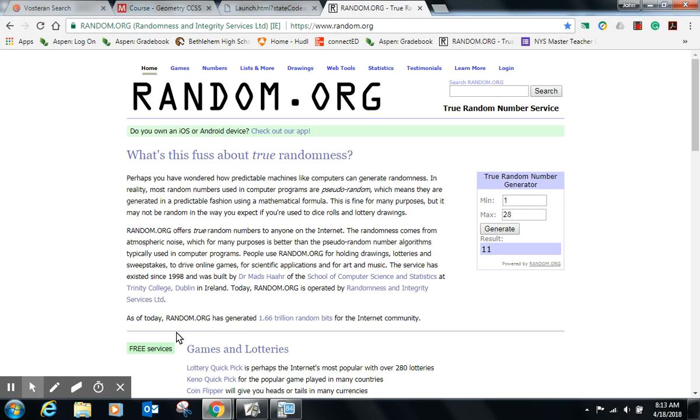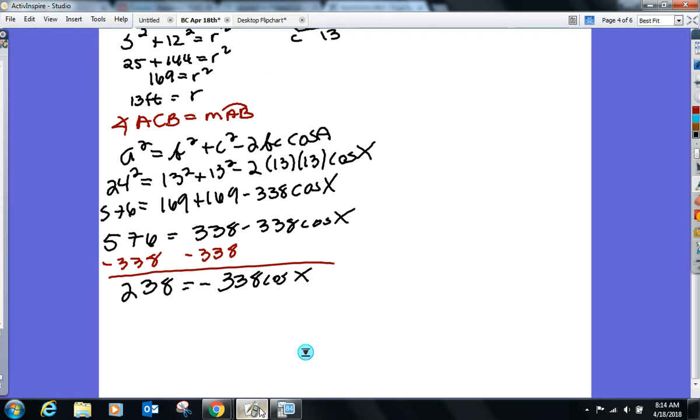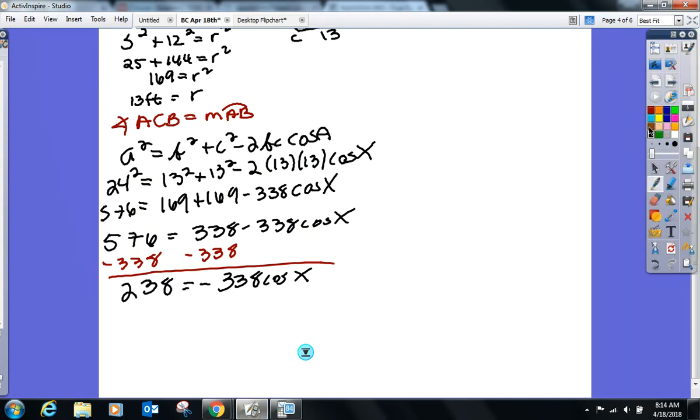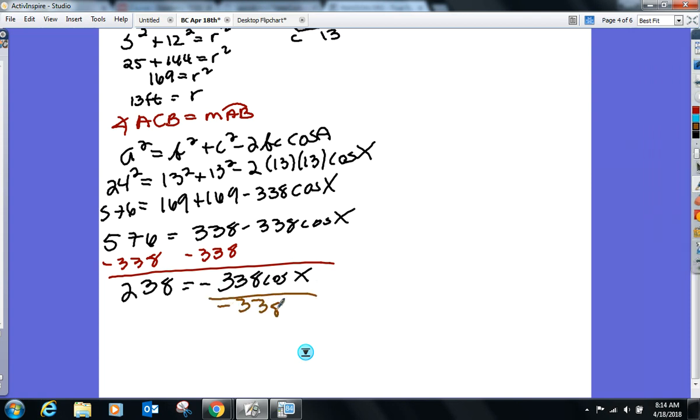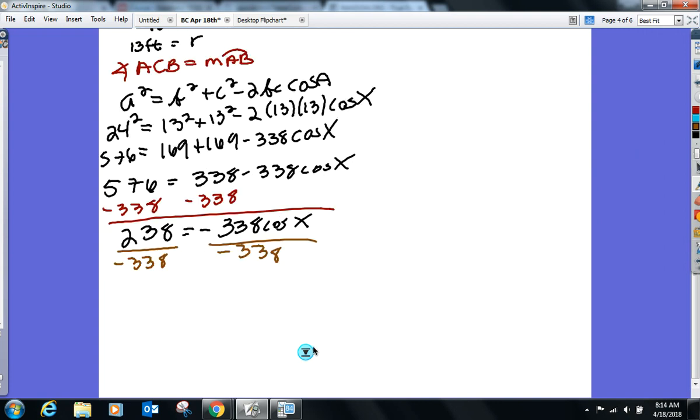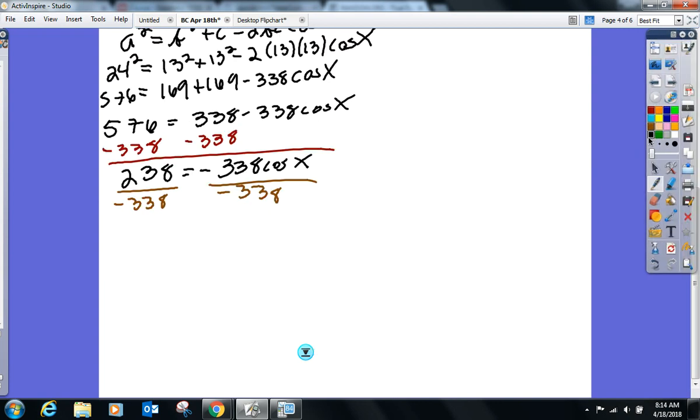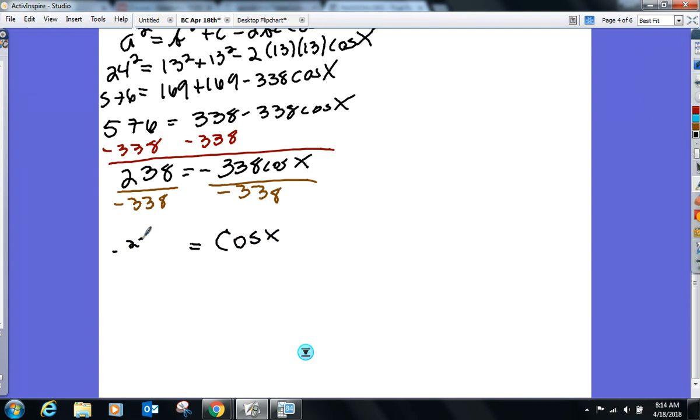And then from here, keep it going. You get a decimal; you can turn it back into a fraction if you want, whatever that happens to be.